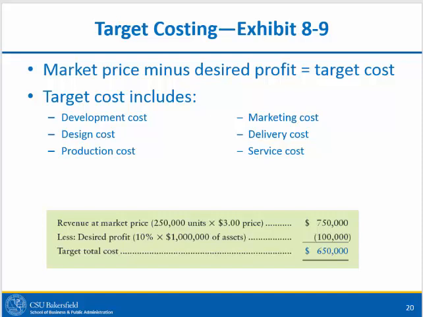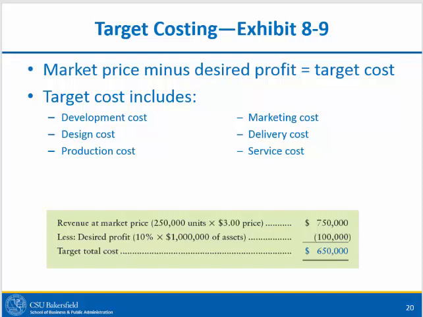So let's say you have a product you're going to sell to the market, and because it's not very unique and there are a lot of competitors, you have to look at the market price. Then let's assume your shareholders, your investors, tell you, hey, you need to give me 10% profit. Then you have to figure out what the desired profit is. You use the market price minus the desired profit, and the result is the target cost.